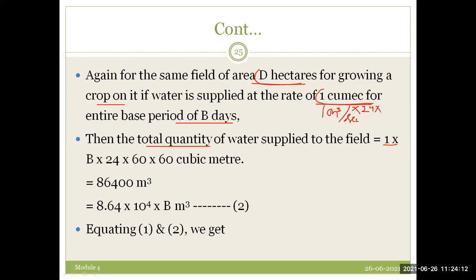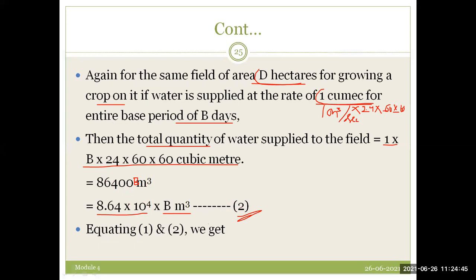To do that, we multiply by 24 into 60 into 60, because 1 day is 24 hours, 1 hour is 60 minutes, and 1 minute is 60 seconds. So you get 1 into B into 24 into 60 into 60 cubic meter, which is 86400 B meter cube. This can also be represented as 8.64 into 10 power 4 B meter cube. We take it as equation number 2.